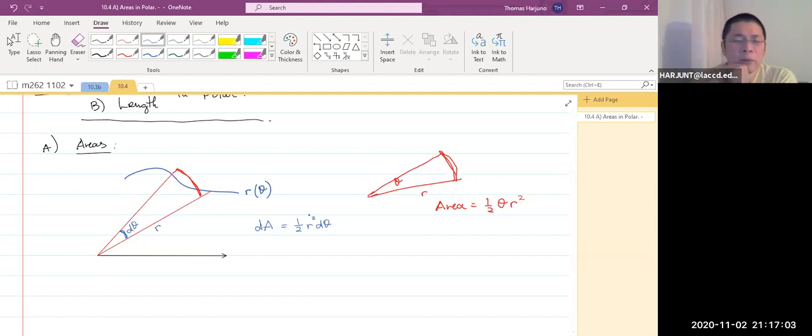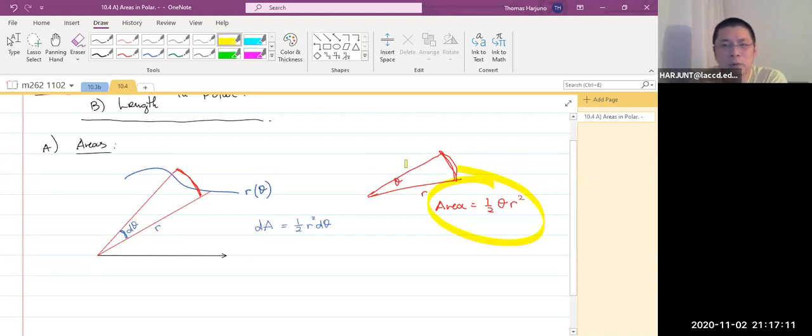I wonder if you remember this. Do you remember this formula? No? Area of a sector.